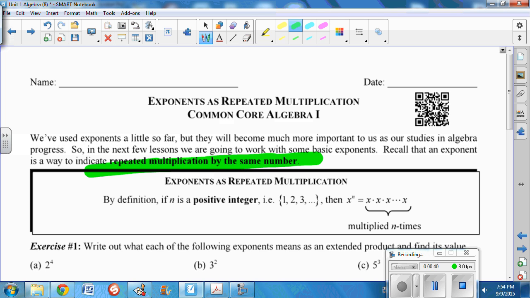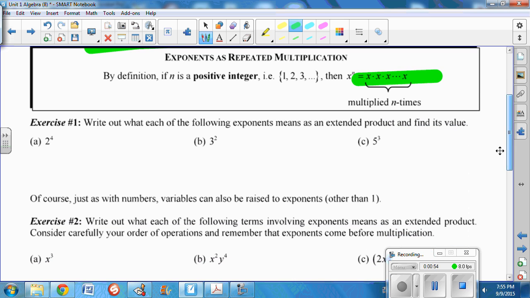So it says, by definition, if n is a positive integer, meaning 1, 2, 3, and so on, then x to the n would be x times itself n number of times. So it says, write out what each of the following exponents means as an extended product and then find its value.